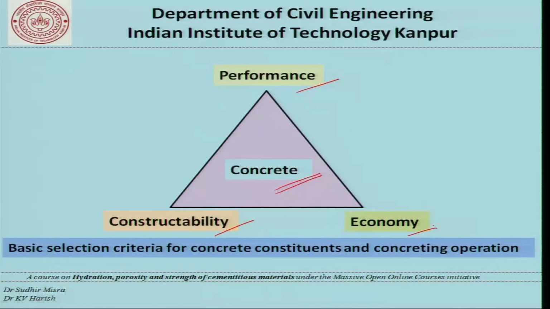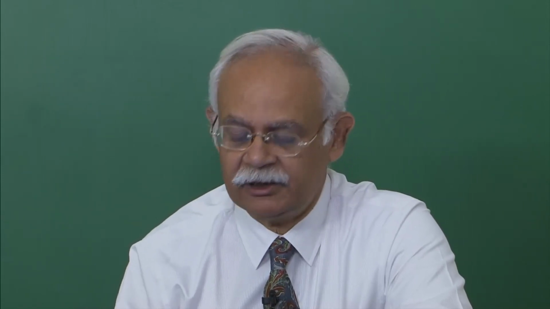How do we want the concrete to perform in the fresh state or the hardened state, whether the concrete that we have can be used for the kind of construction process that we have in mind, and at the end of it, is the whole operation going to be economical?